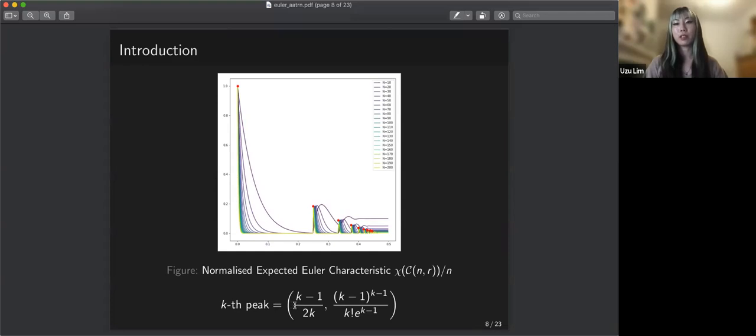The kth peak has exactly this x coordinate, and the y coordinate is this funny number, this elementary function-ish. One thing to note here is that this number is half of 1 minus 1 over k. So it's kind of just half, third, fourth, fifth, and so on. So that's where the spikes are, and the height is plotted exactly as this formula.